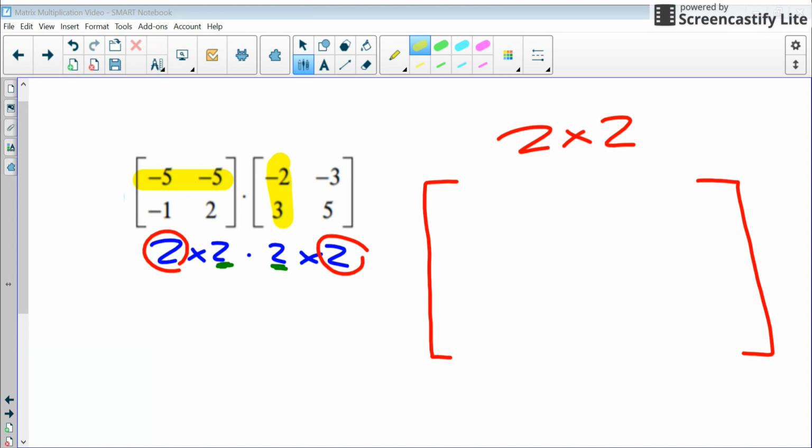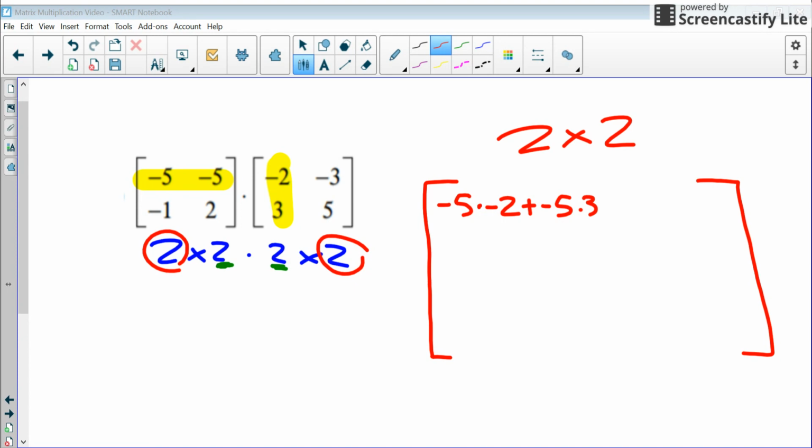Here's how I do that. I take -5 times -2, and I add to that -5 times 3. All that is my top left entry.